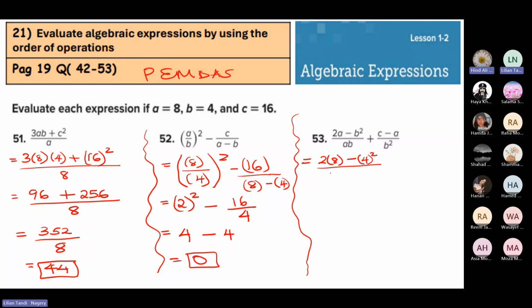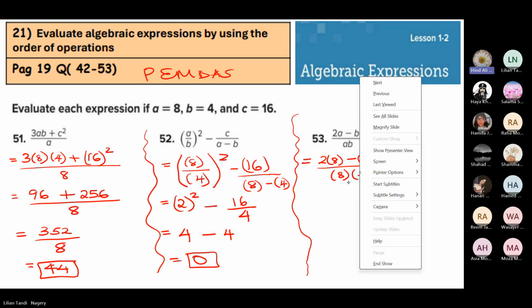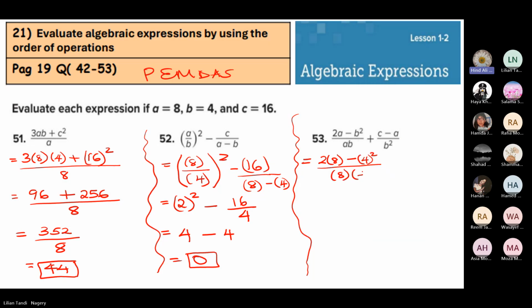Over parentheses 8 close parentheses minus parentheses 4 close parentheses, plus parentheses 16 close parentheses, minus parentheses 8 close parentheses over parentheses 4 close parentheses squared. Very good. Continue.